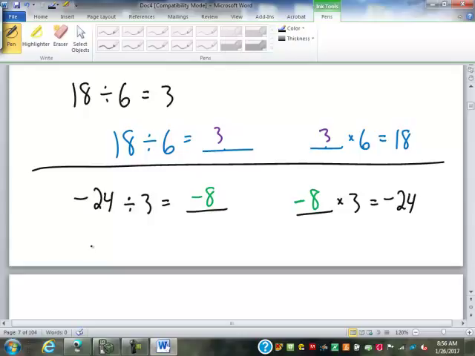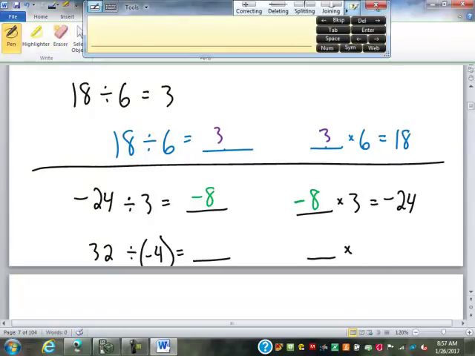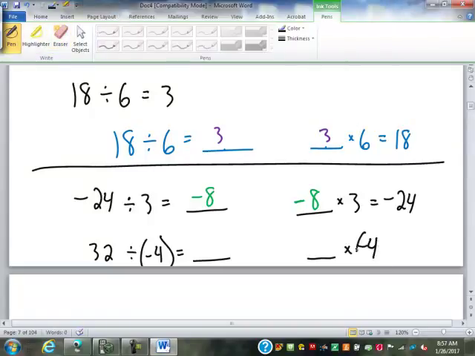If I have 32 divided by negative 4, that is asking what times a negative 4 equals 32.